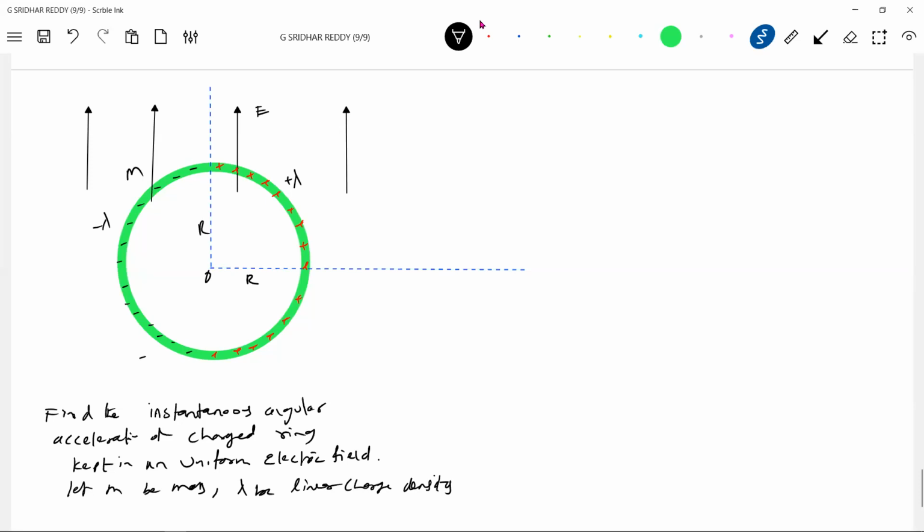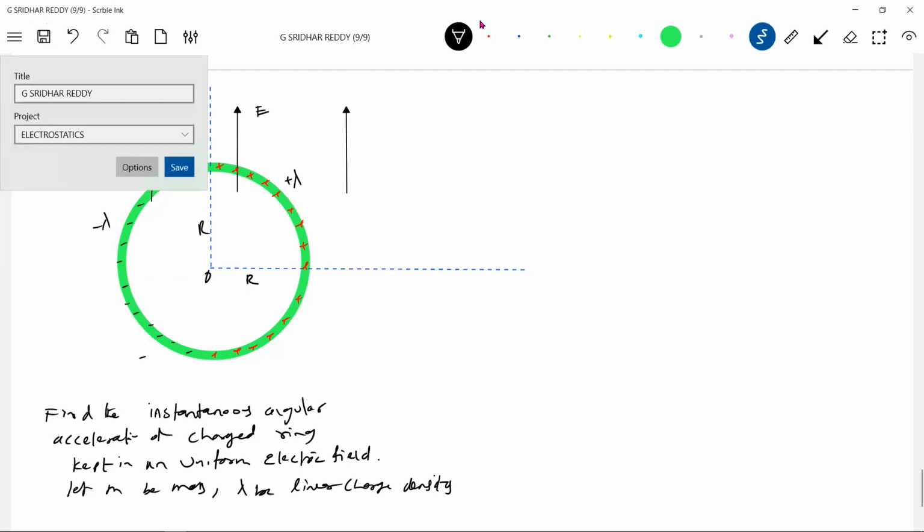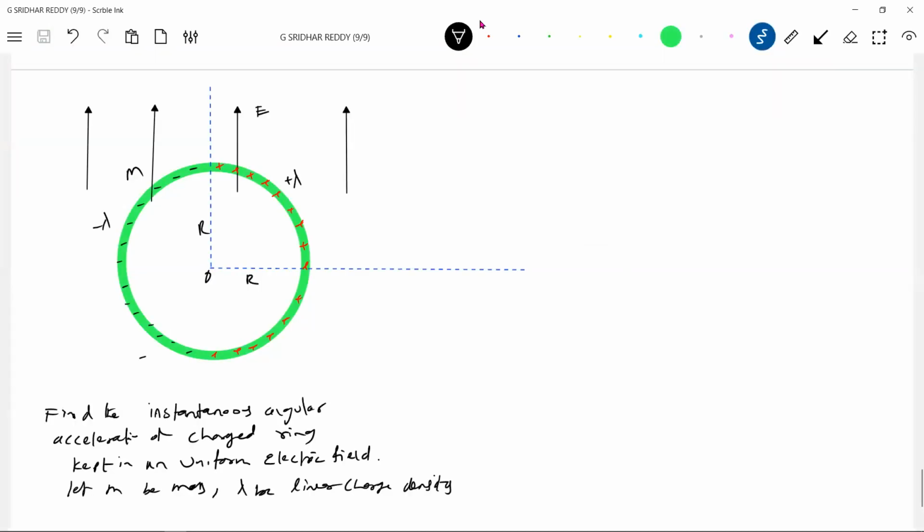Carry on. Just now I gave an idea, no? So that is what you have to apply. Try for this. Just some rotational mechanics idea is what you have to introduce here.